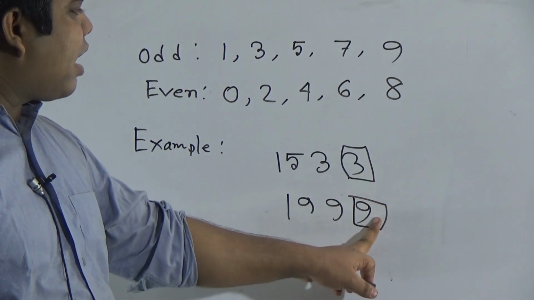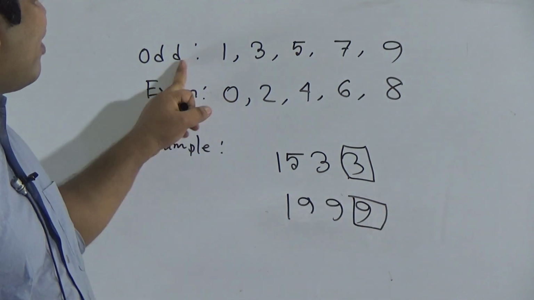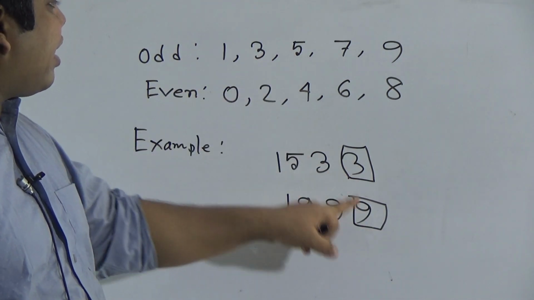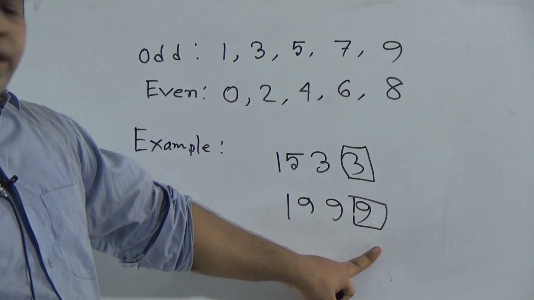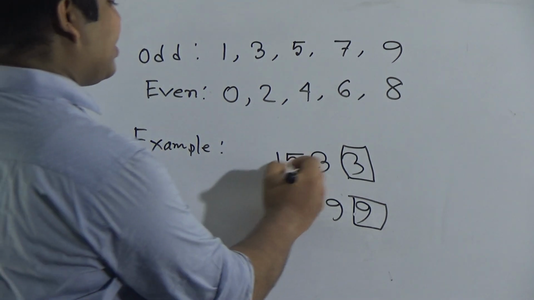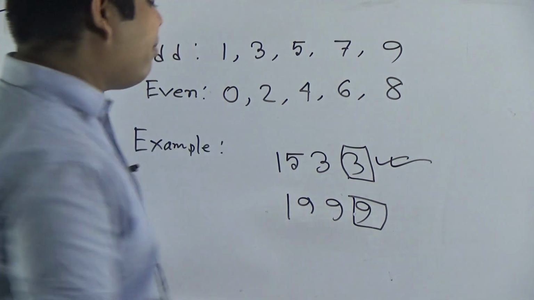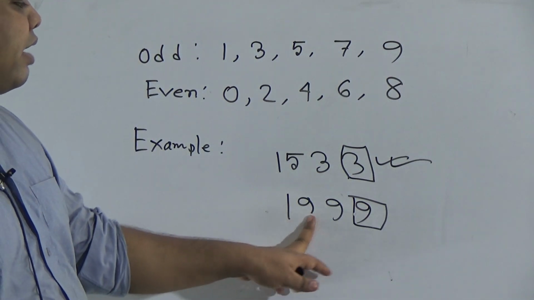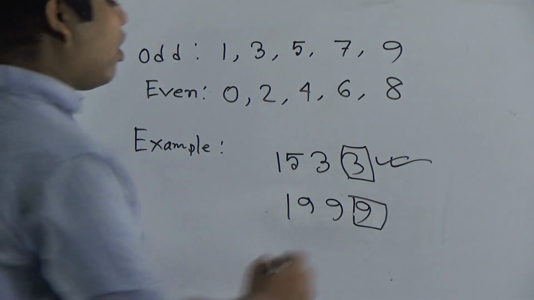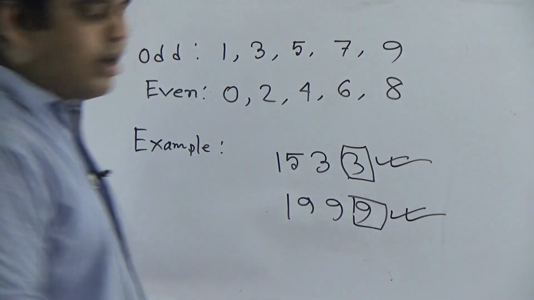So, 3 and 9 both are the notation of odd number. Notice 3 is odd number and 9 is odd number also. So, we can take decision that 1533 is odd number and 1999 is also odd number. I hope you have understood.